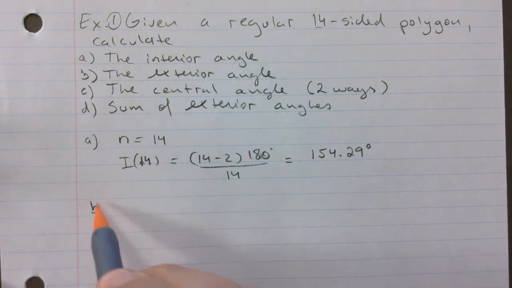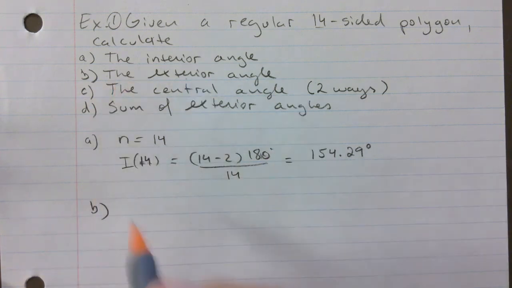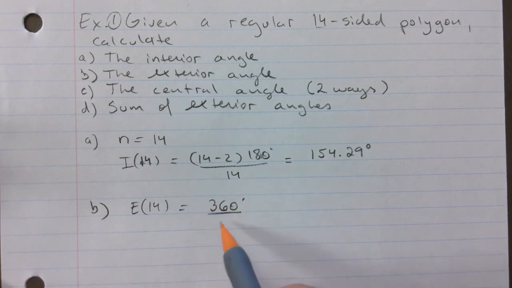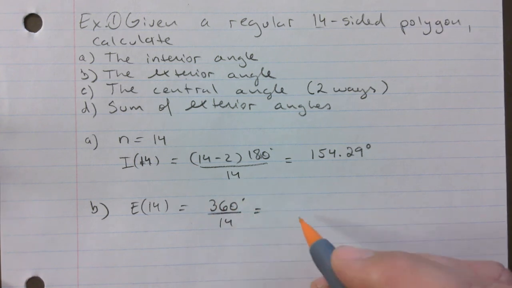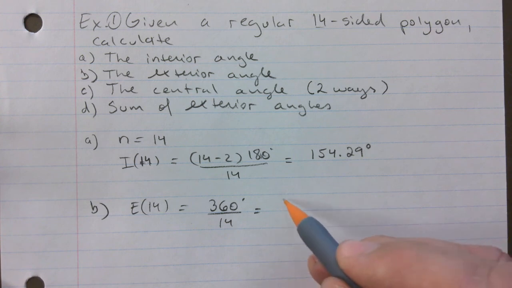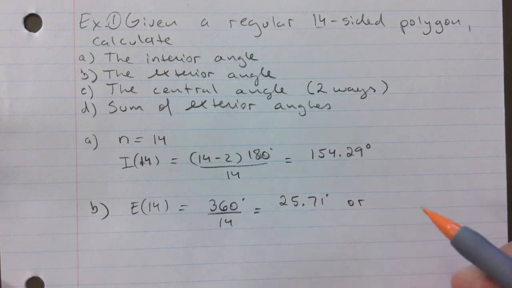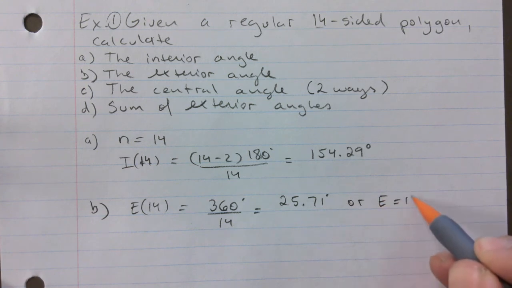And then B, the exterior angle. Exterior angle of a 14-sided shape would just be 360 divided by 14. And that is 25.71, or exterior angle is 180 minus the one you just found.